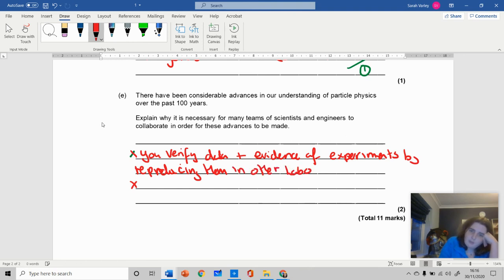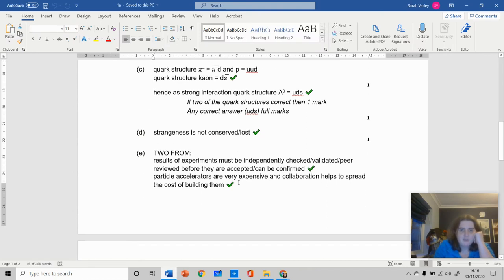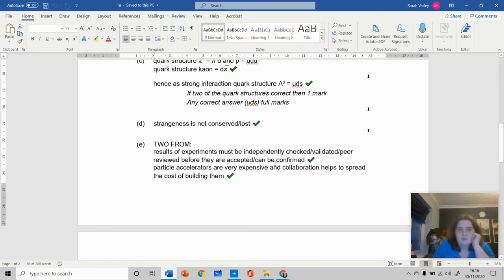So that one's quite important. One of the things about experiments is they need to be reproducible. And you can verify data and validate anything in here. If we have a look at the mark scheme here, experiments must be independently checked and validated, peer reviewed before they're accepted. It can be confirmed. Okay.